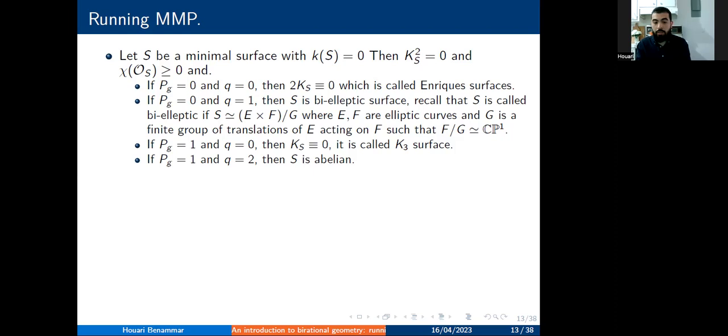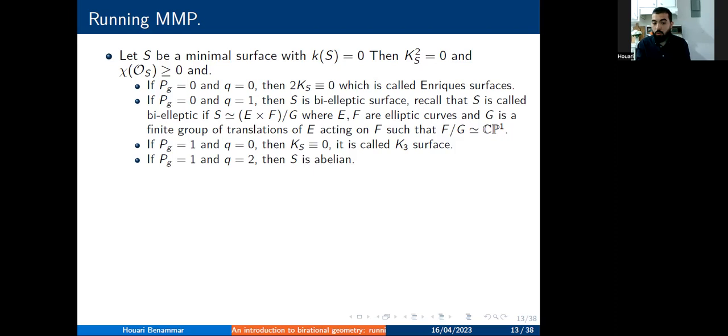If the geometric genus is equal to 0 and the irregularity is 1, the surface is a bielliptic surface. And when the geometric genus is equal to 1 and the irregularity is 0, we can see that the canonical bundle is trivial, and this type of surface is a K3 surface. K3 surfaces are also simply connected. If the geometric genus is equal to 1 and the irregularity is 2, then S is abelian.